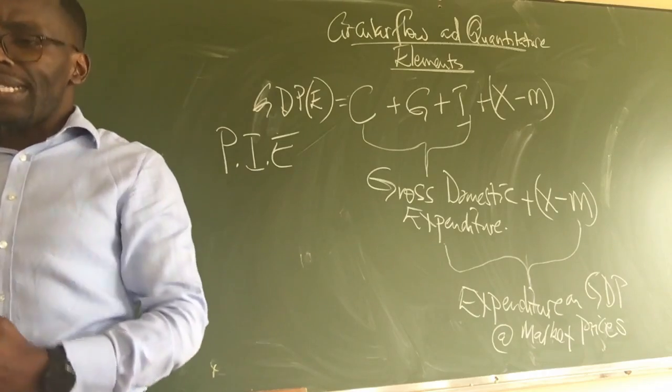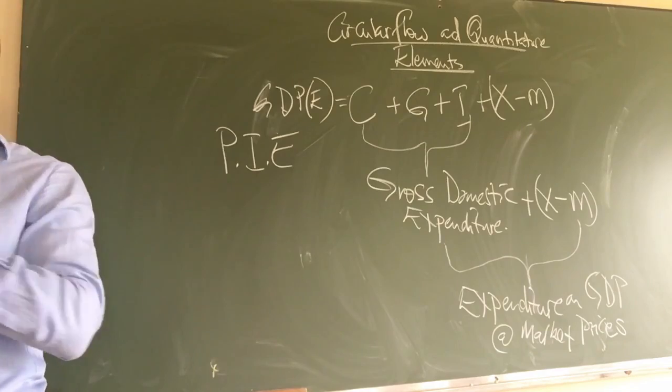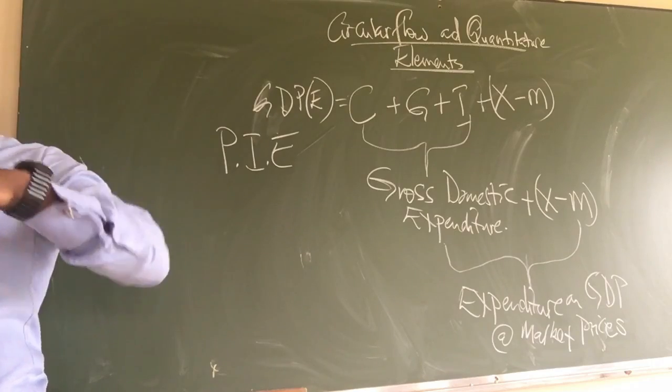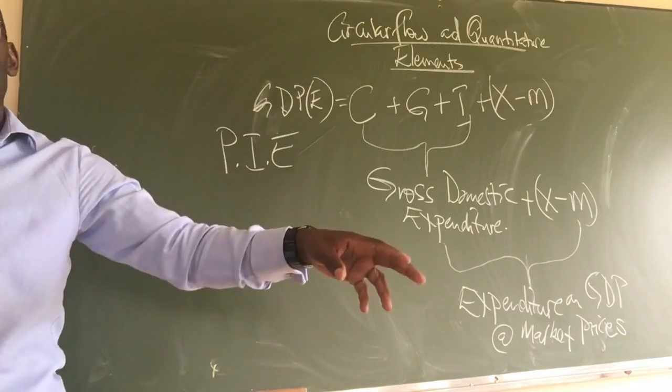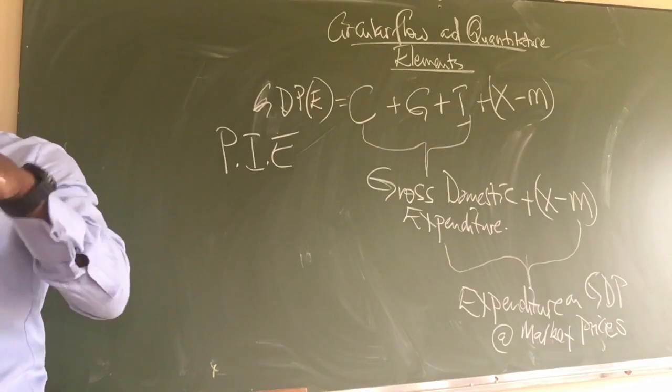You should understand that as a matter of principle, because we are calculating the same thing using different methods, whether you use the production, income or expenditure method, the value for GDP should in principle be the same.